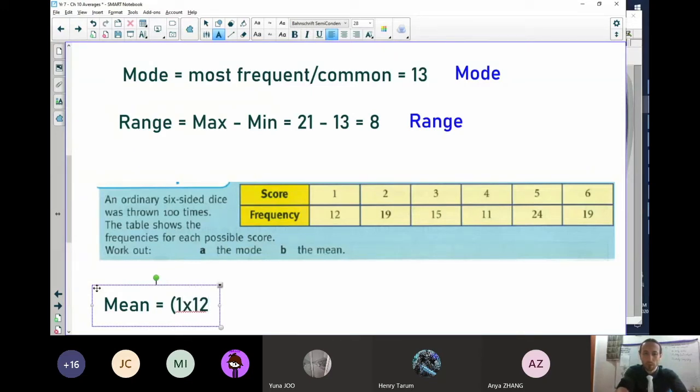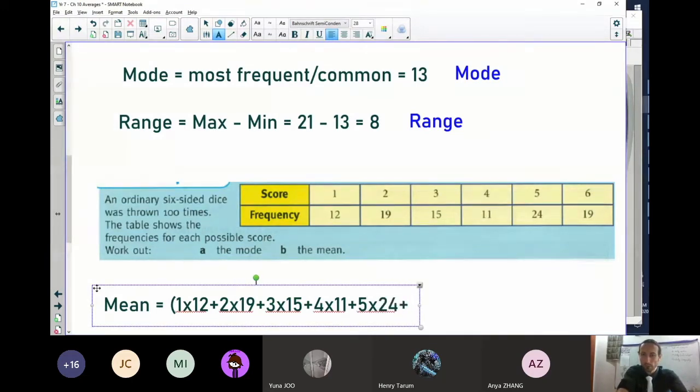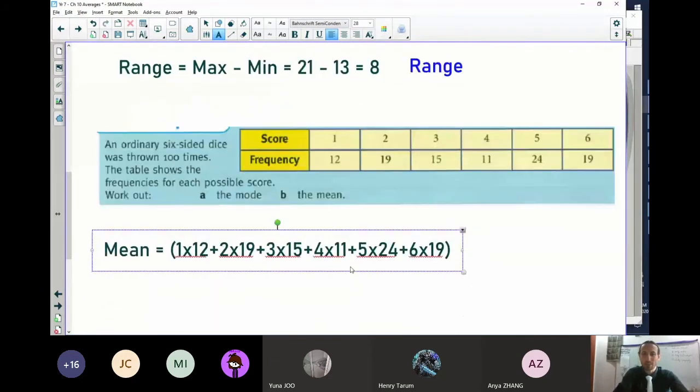That will give me all of my ones, well, the product or the sum of my ones, plus 2, how many twos do I have? 2 times 19, plus 3 times 15, plus 4 times 11, 44, plus 5 times 24, plus 6 times 19. Okay, so that's where I'm going to add all of them together.